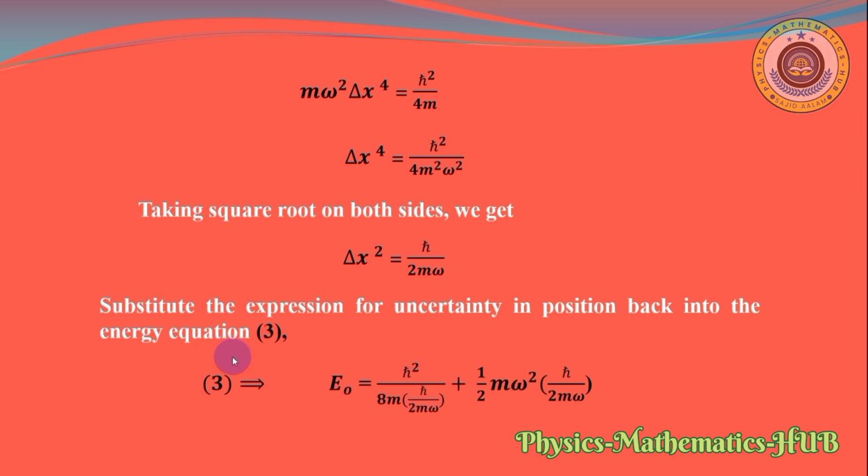So equation 3 implies that the minimum energy is equal to h cut square divided by 8m into h cut divided by 2m omega, which is the value of del x square, plus 1 over 2 m omega square into h cut divided by 2m omega.